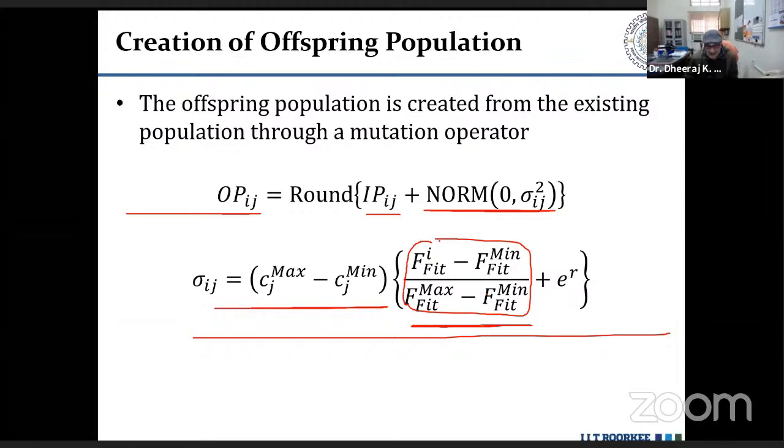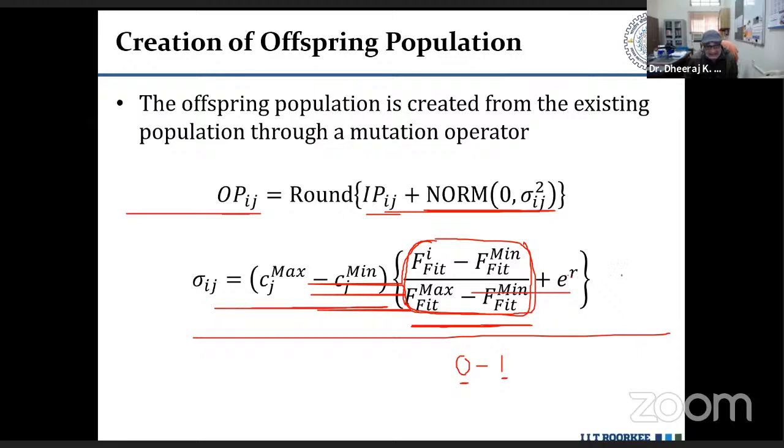So basically this term will vary between 0 to 1. 0 for best fit, 1 for worst fit. It means there will be very small perturbation in the individual having best fitness and more perturbation in the individual having worst fit. And this is a constant e to the power r, that is the iteration count.